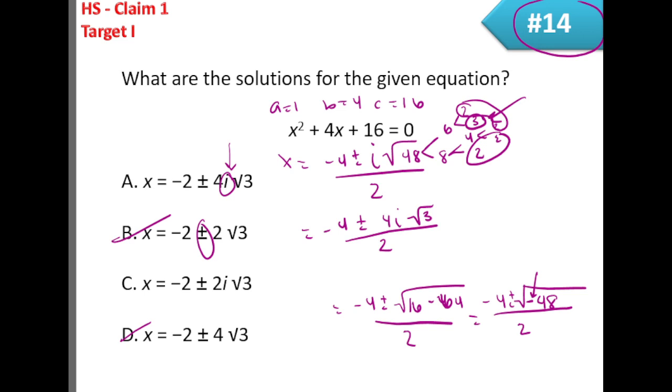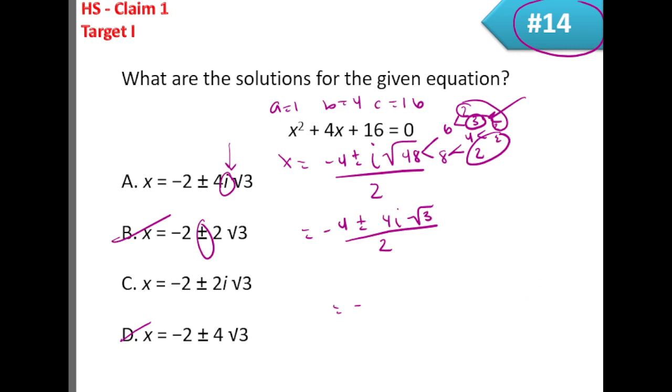Okay, I don't see any of these with a common denominator, so what do I do? I simplify further. To simplify further, remember that to have one denominator, the 2 terms must have the same denominator. So I'm going to separate the 2 here: negative 4 over 2 plus or minus 4i square root of 3 over 2.